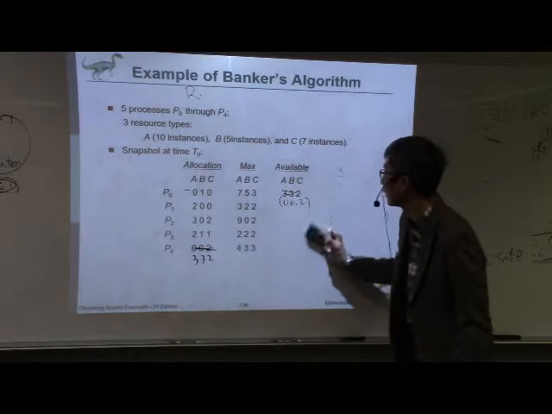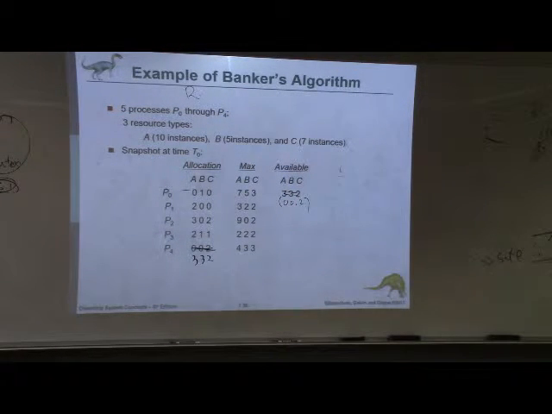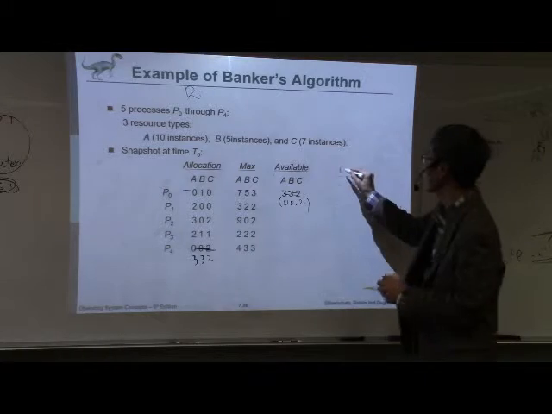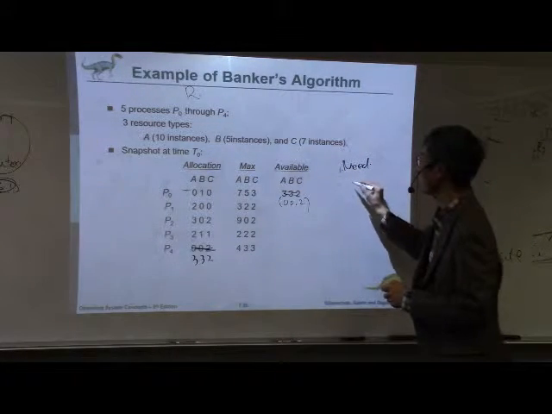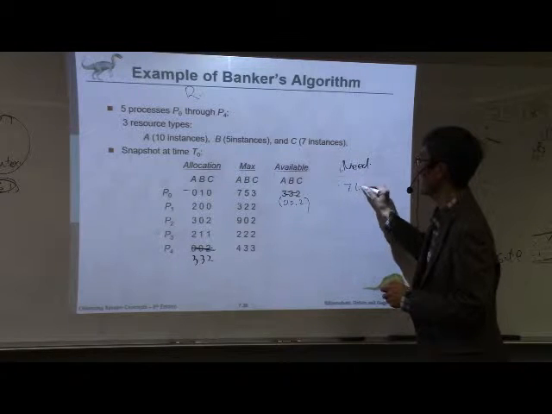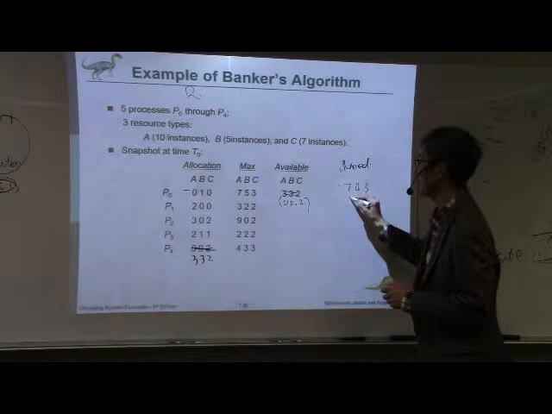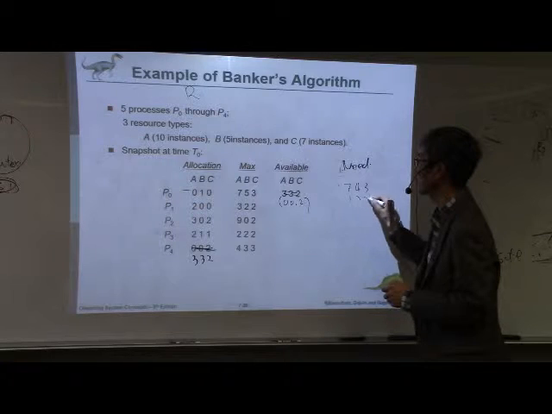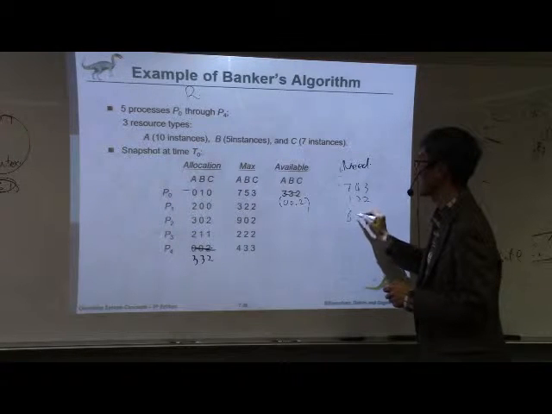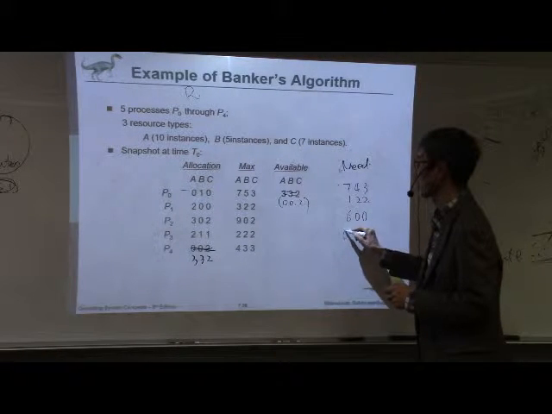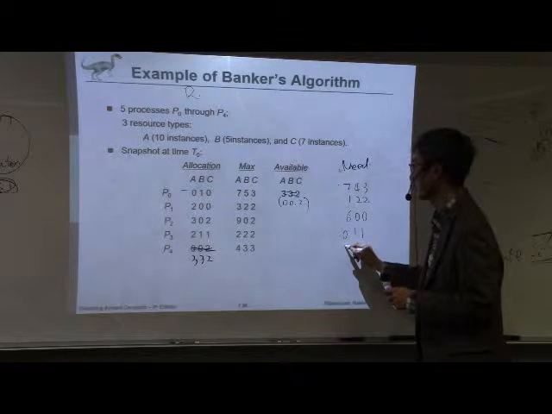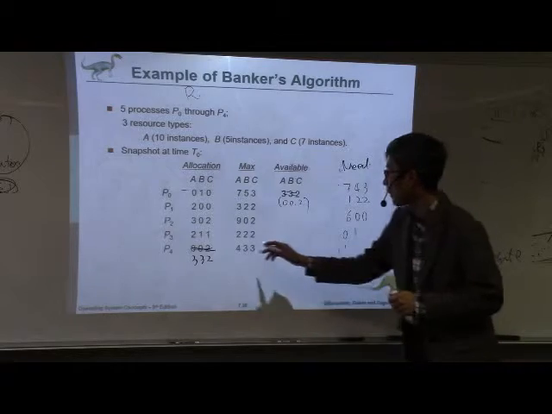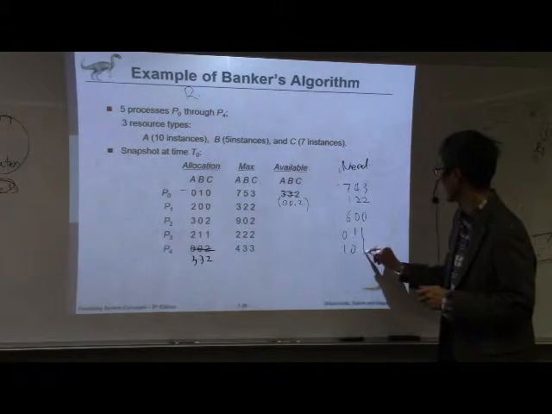Then apply the Banker's algorithm. Available, and the need is max minus allocation. So 7, 4, 3, and this one is 1, 2, 2, and 6, 0, 0, 0, 1, 1, and that one is 1, 0, 1.